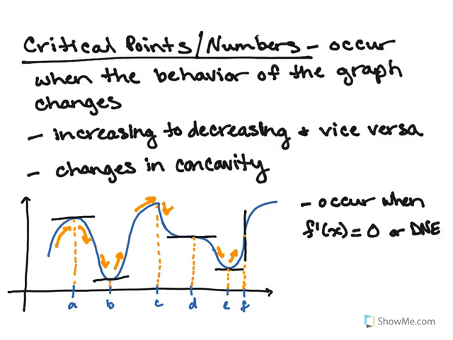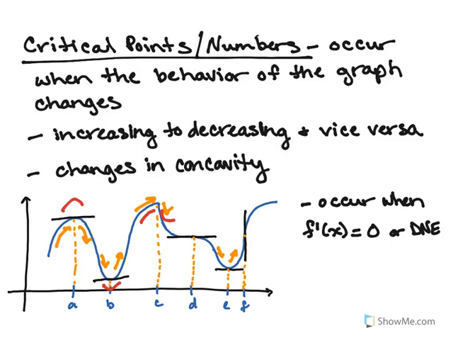Now, that doesn't explain what's happening at D and F. At D and F, the concavity is changing. So that's a different behavior. Concavity is different from increasing, decreasing. Notice at A, I'm concave down the whole time. At B, I'm concave up the whole time. At C, I go from concave down to concave up, and also from increasing to decreasing. So it has both behavior changes.